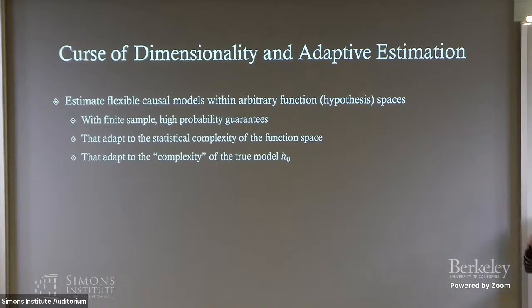Maybe you want to assume some more structured hypothesis space, but then you want your results to decay as a function of the statistical complexity of the hypothesis space. You might also want the error rate to adapt to the complexity of the true model within that space. So if there's some norm in that space and the true model has a small norm, then you want your rate to scale with that small norm of the true model. So it's sort of like adaptive estimation.